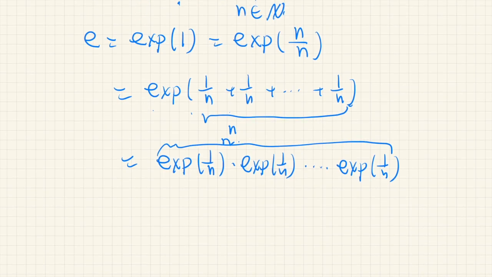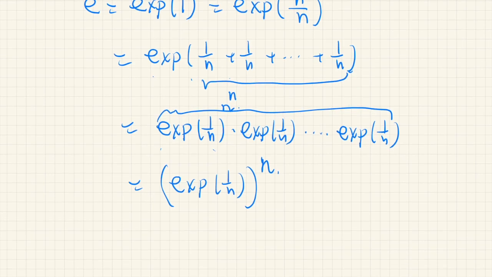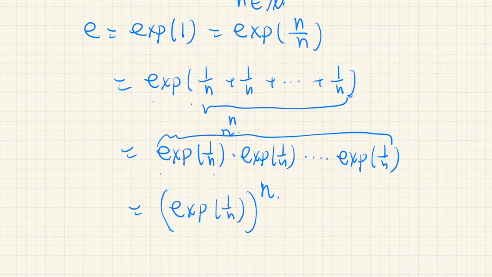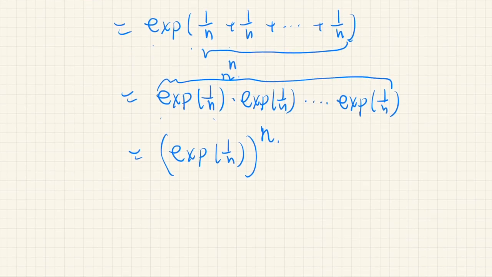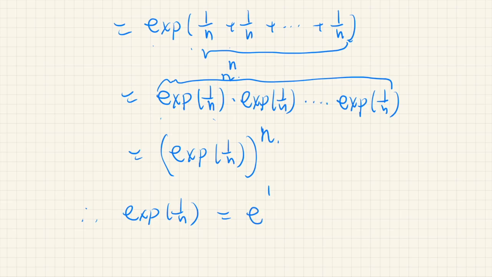So this is exponential of 1 over n to the power of n, right? Because we're just multiplying the same factor n times. So this is equal to e. Therefore, exponential of 1 over n is equal to e to the power of 1 over n, the nth root of e.